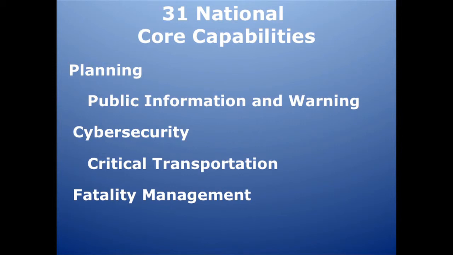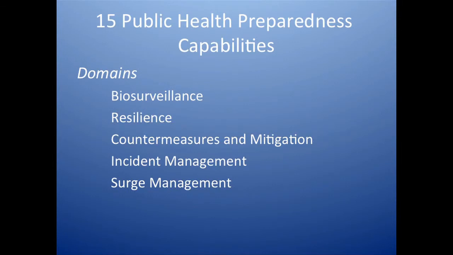In addition to the national capabilities, CDC, by working with partners, has also prepared a set of 15 core public health preparedness capabilities. These were first designed to improve public health response by creating a more effective system. It assists both state and local public health planners to prioritize how they're going to better prepare and allocate federal dollars.